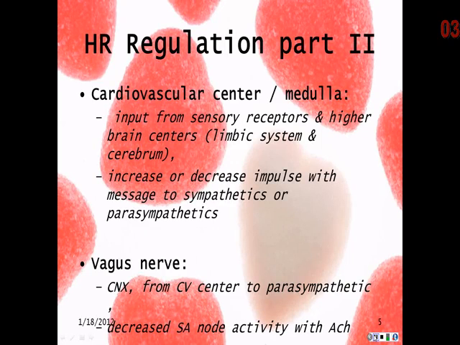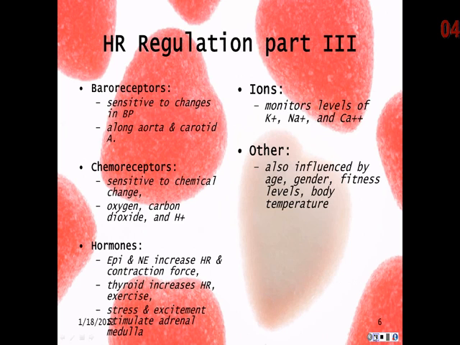It determines whether to increase or decrease the impulse by sending messages through the sympathetics or parasympathetics. While the cardiac accelerator nerve carries the sympathetic message, the vagus nerve, or cranial nerve 10, carries the parasympathetic message. This will decrease SA node activity with the use of acetylcholine.